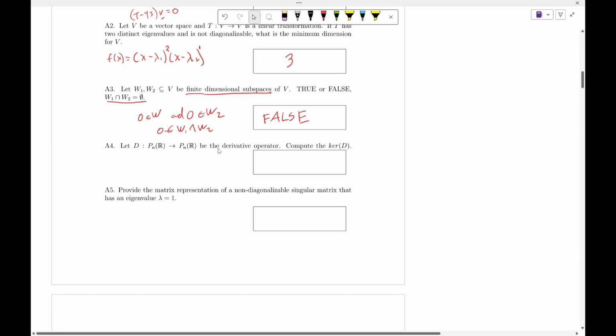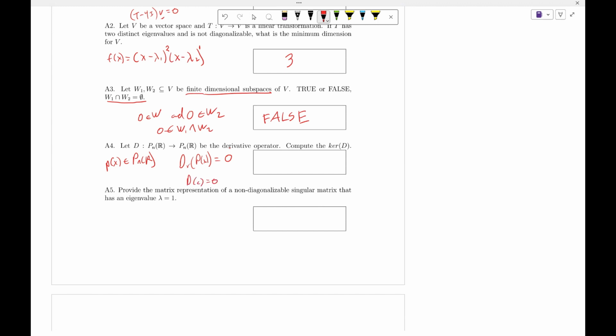Okay. Now we have the derivative operator, and we want to look at the kernel of the derivative operator. So we're saying that P of x is in the polynomials of degree n over R, and the derivative applied to P of x equals 0. Well, if we think of all the things that can go to 0, the derivative of a constant equals 0.